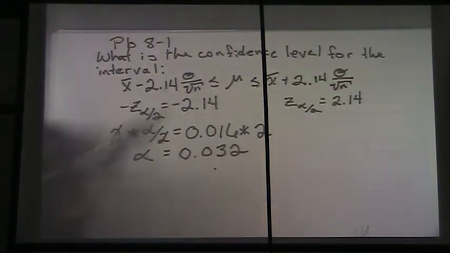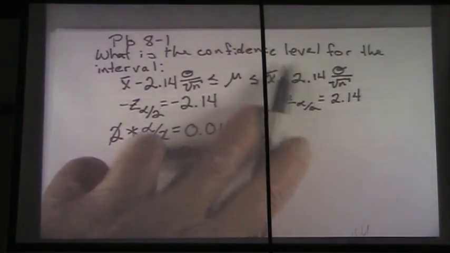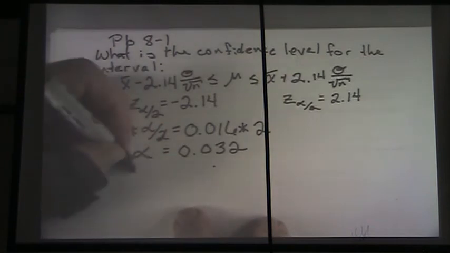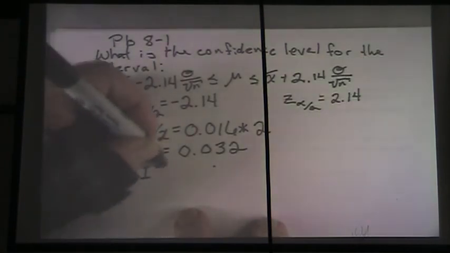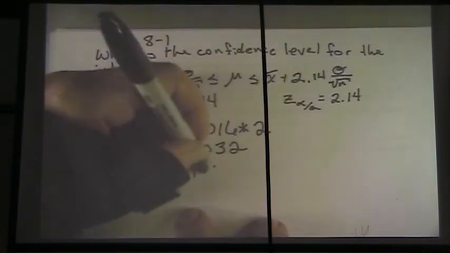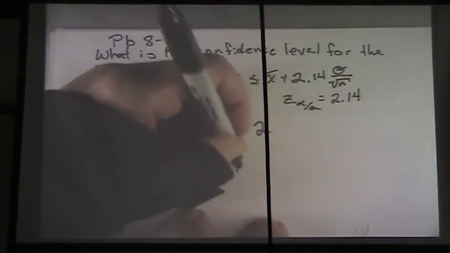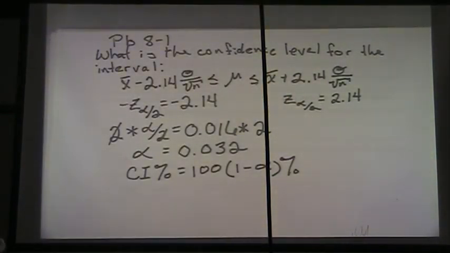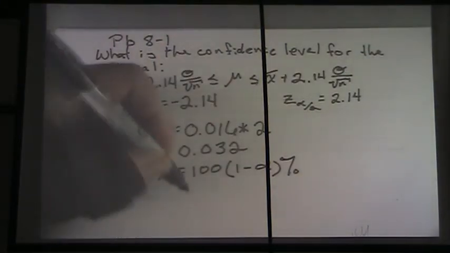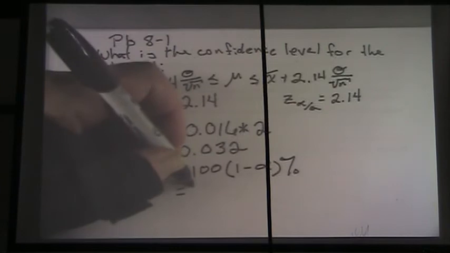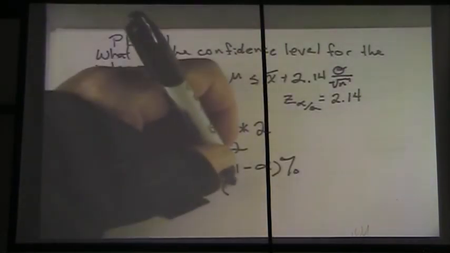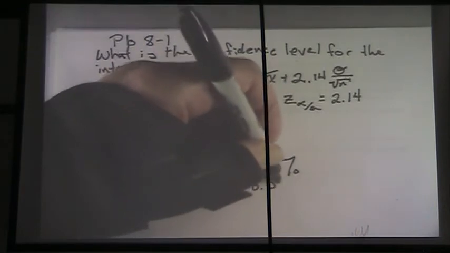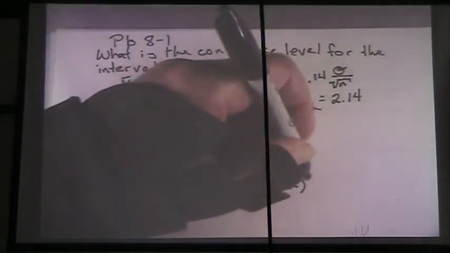Now, I'm looking for the confidence level. All right, so confidence level equals 100 times 1 minus alpha percent. I don't know about you, but it sounds like we're almost finished with this problem. So I substitute in my alpha: 100 times the quantity 1 minus 0.032 percent.